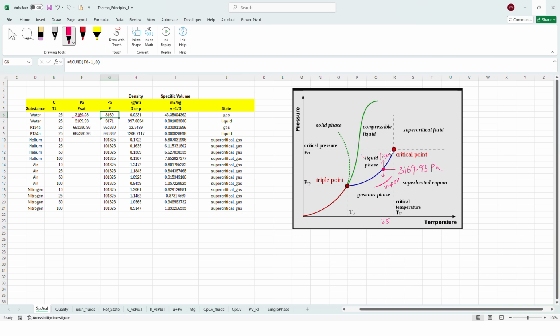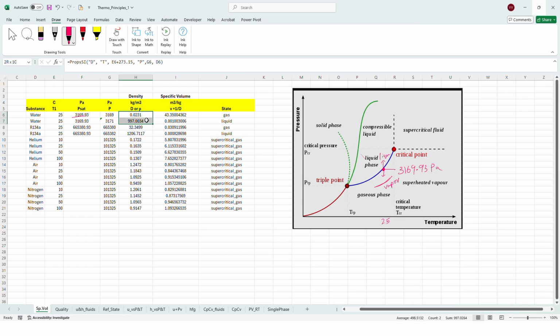So that's what I've done here. So I removed 1 pascal and it's a smaller pressure than this. Then I use this temperature and this pressure to calculate the density of the vapor phase. I added 1 pascal to calculate the density of the liquid phase. Okay. I could have done it differently, but I chose to do it this way.